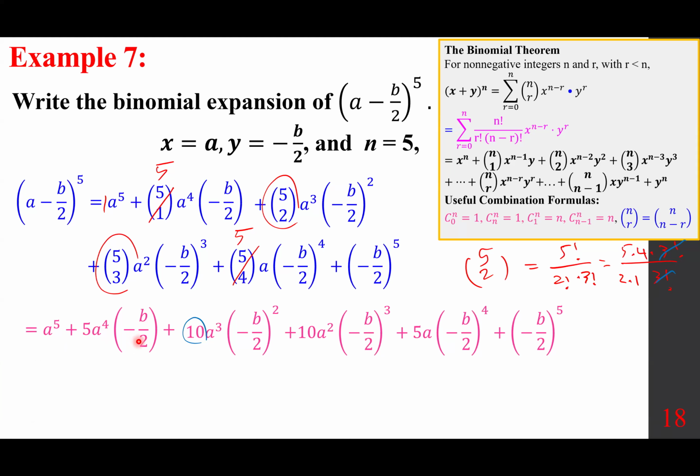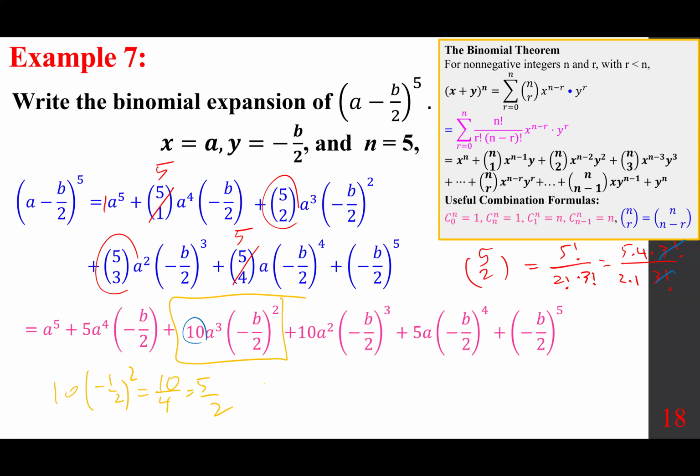This one, multiply the 5 by negative 1/2. So this becomes negative 5/2 a to the power of 4 b. This one, negative 1/2 squared is positive 1/4. So positive 10. Let me just focus on this one so you see that this one, class, 10 times negative 1/2 squared, that means 10 times 1/4, that means 5/2.